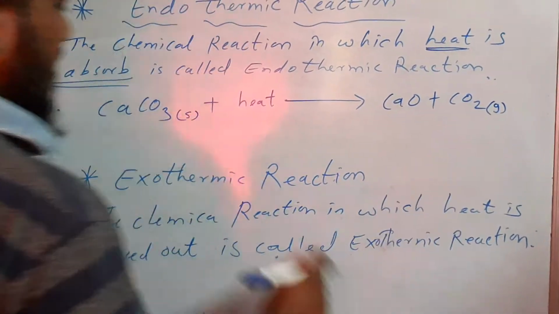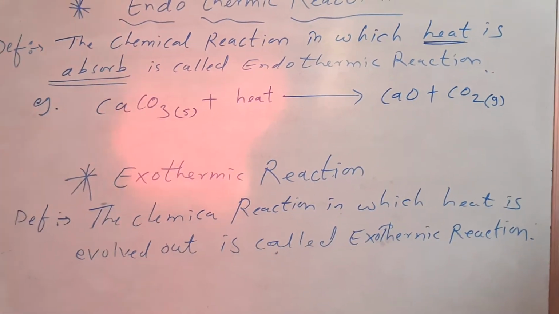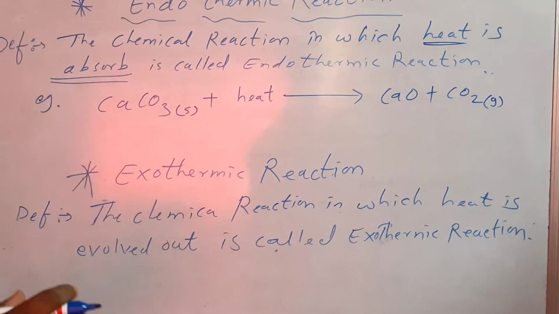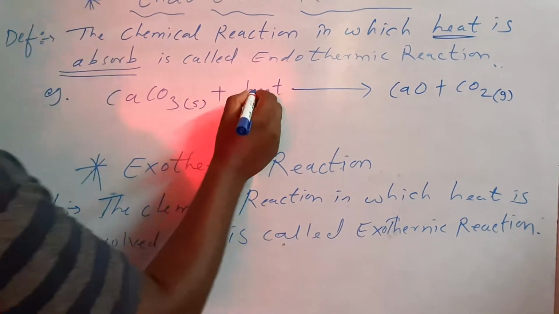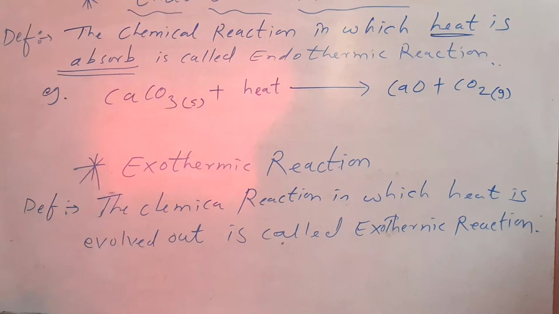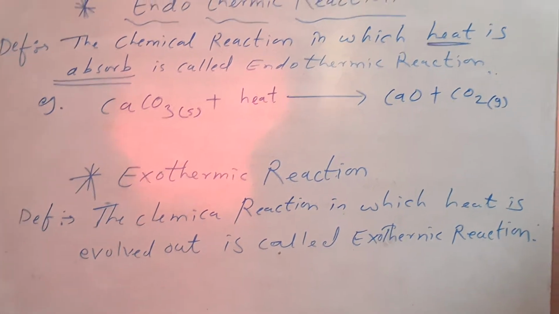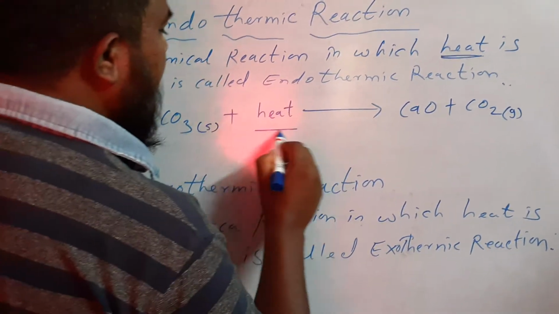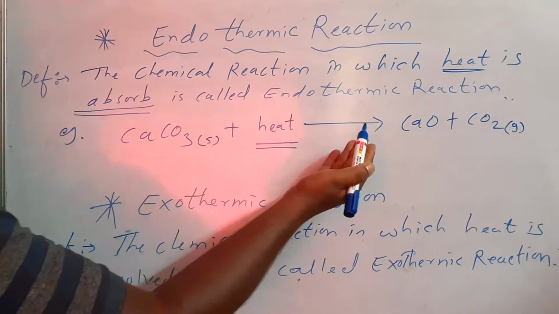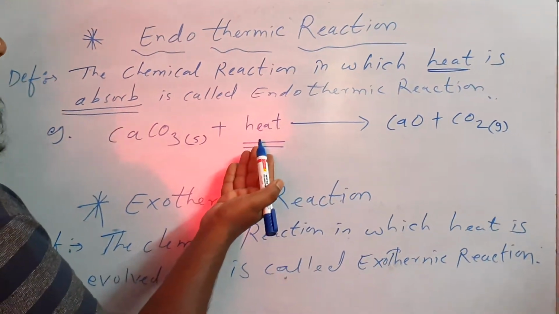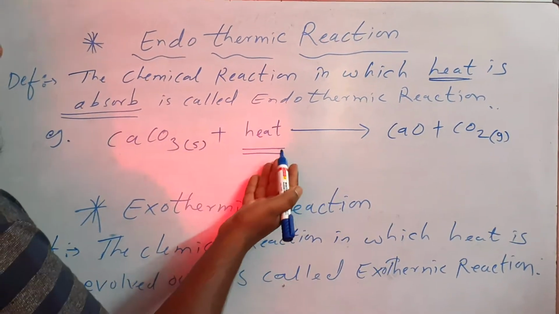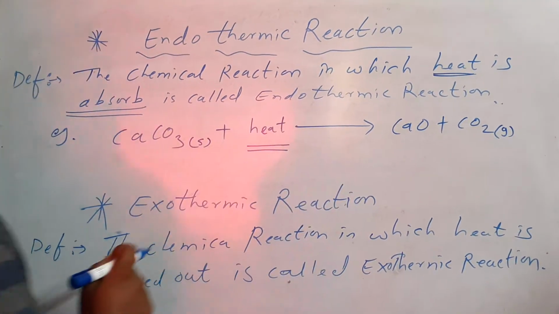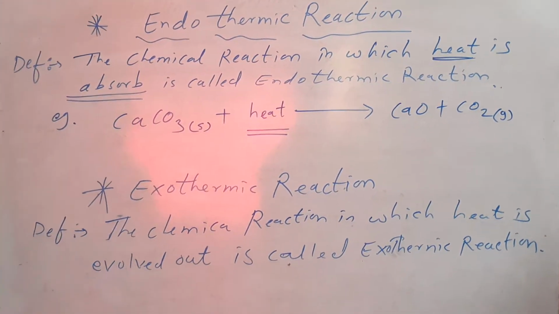Here G means gas, S means solid, L means liquid. Now, one hint given to identify endothermic and exothermic reactions: if the word heat is written toward the tail side of the arrow, it is called an endothermic reaction.